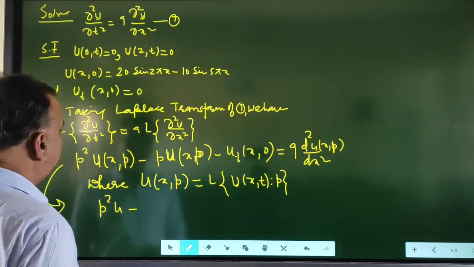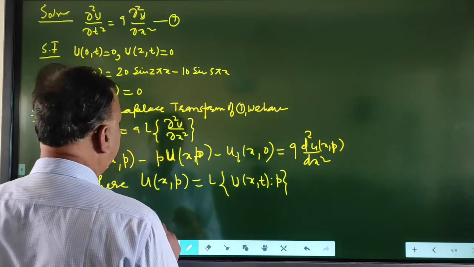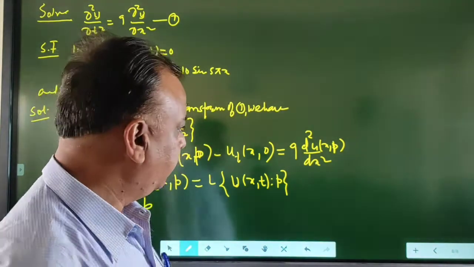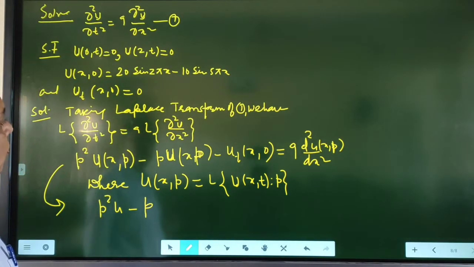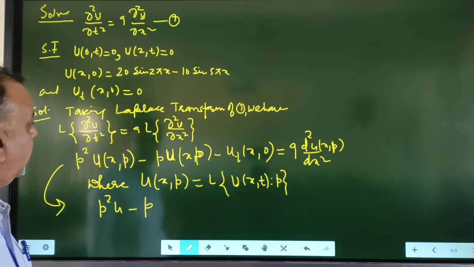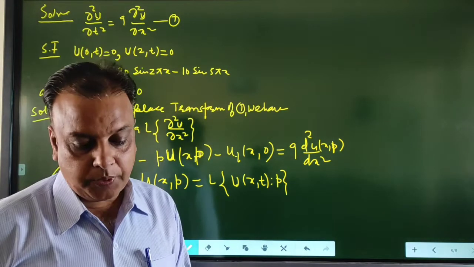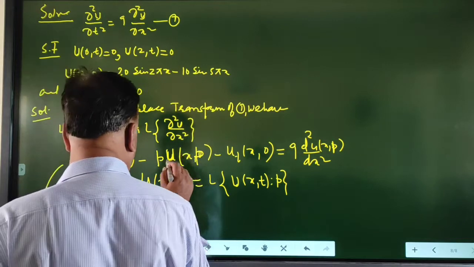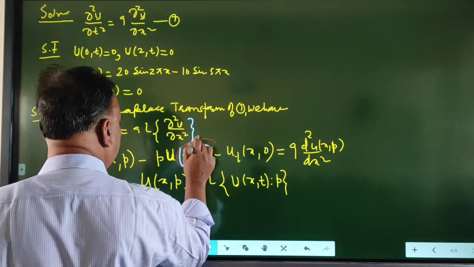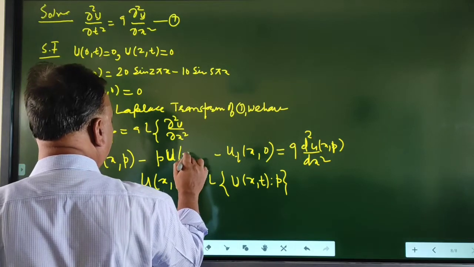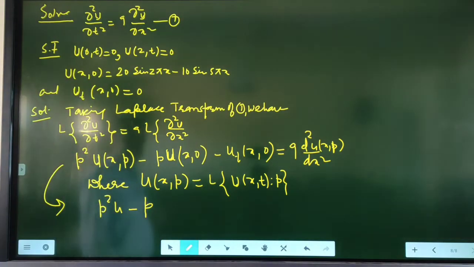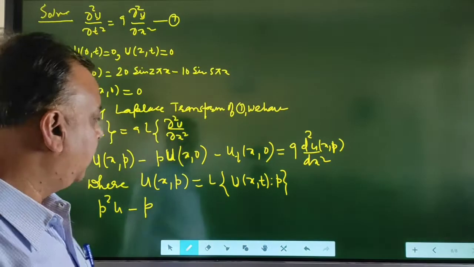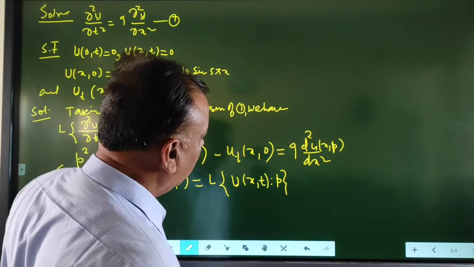So we get p square u minus p u(x,0) minus u_t(x,0) is equal to 9 d2u upon dx square.